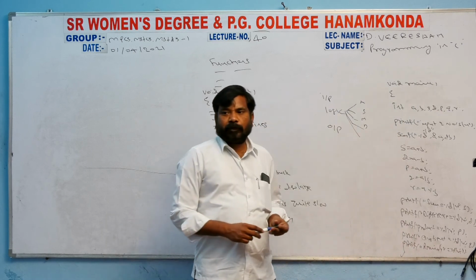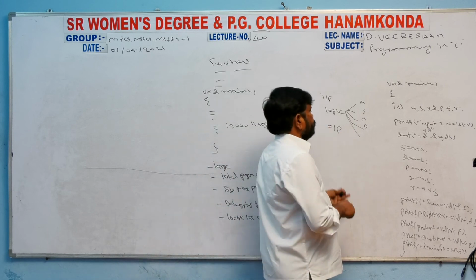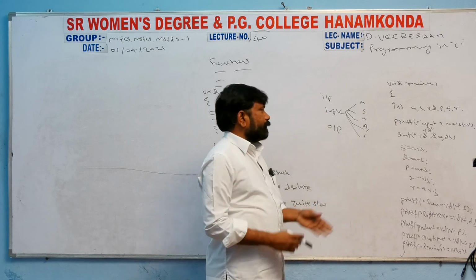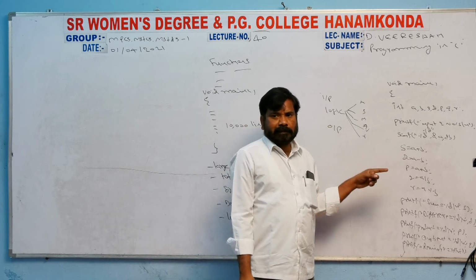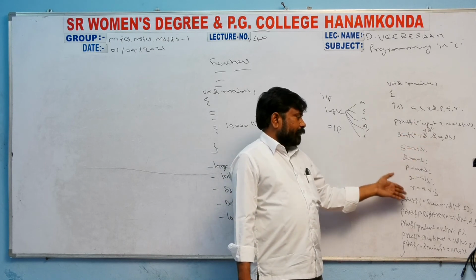Suppose this is a simple C program, like the one already written in the beginning classes, where I take two values and calculate the sum, difference, product, quotient and remainder.